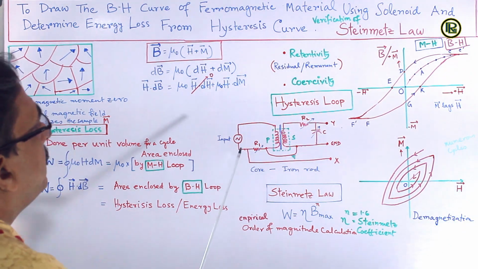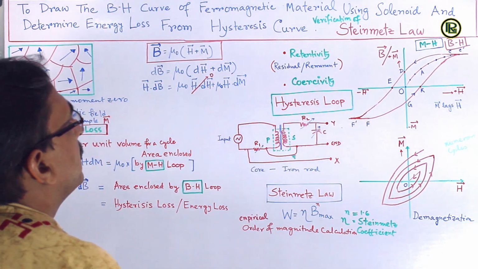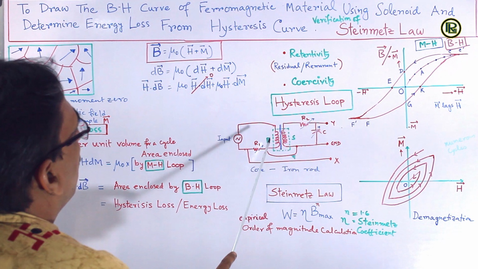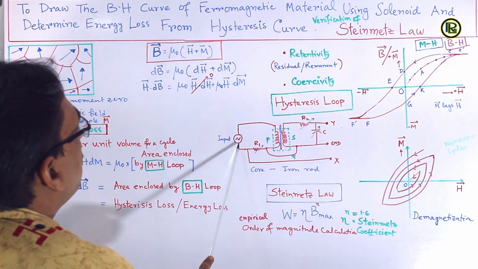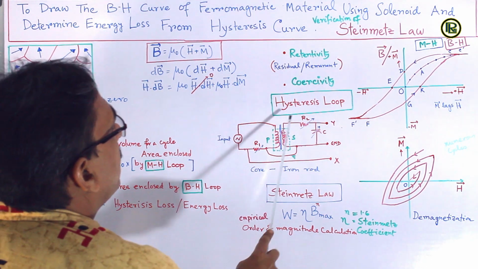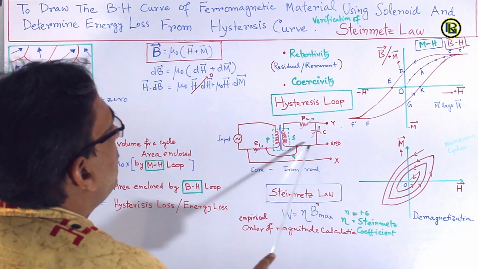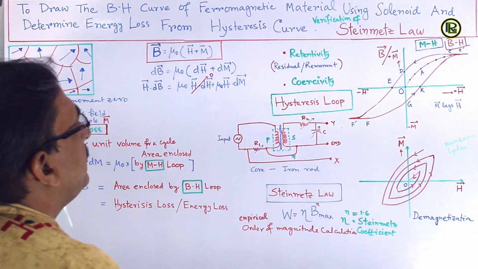And we have two sides, the primary side and the secondary side of the solenoid. The primary side has the input AC signal and a variable resistance, and in the secondary side we have an RC network where both R and C can be varied.